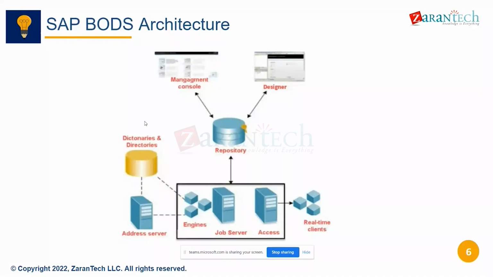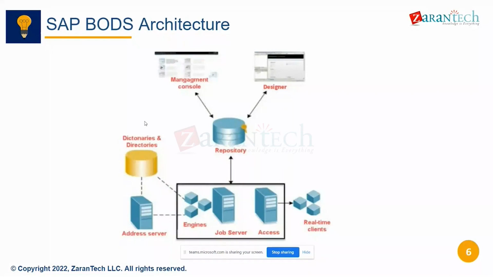Metadata is some information about whatever it is. It might be some connection information, job information, transformation information, workflow information or data flow information. All this information we call metadata in BODS.